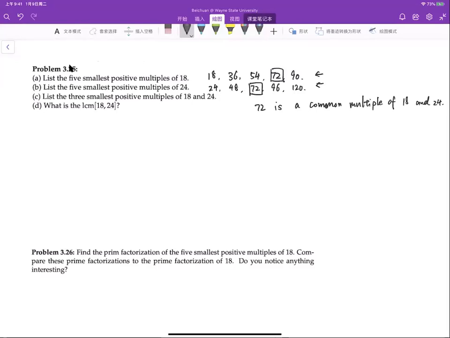By the way, is 72 the smallest one? Is 72 the least common multiple of 18 and 24? So I'm asking question D: is 72 the LCM of 18 and 24?